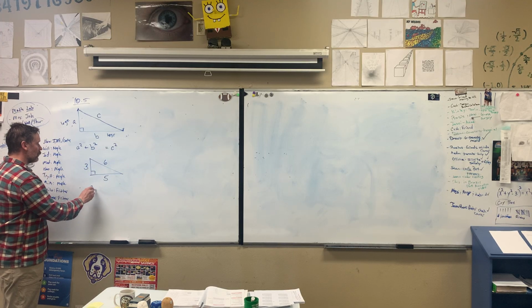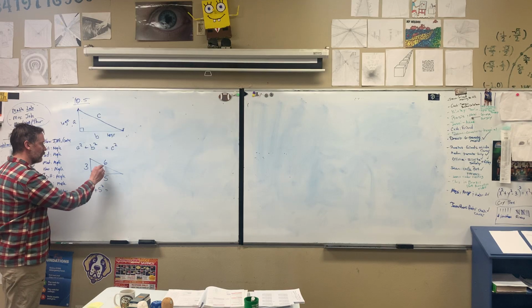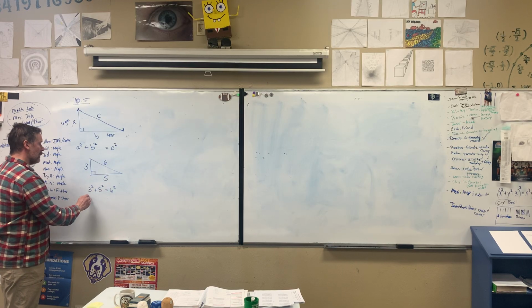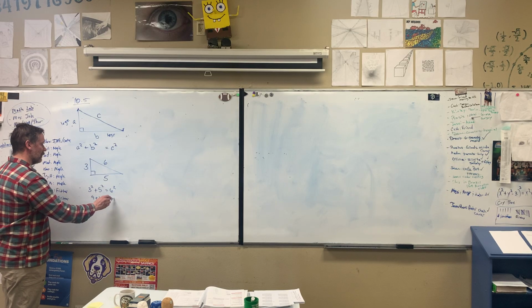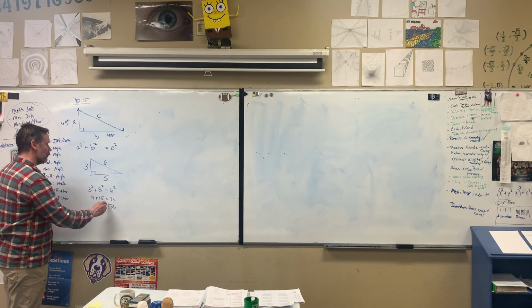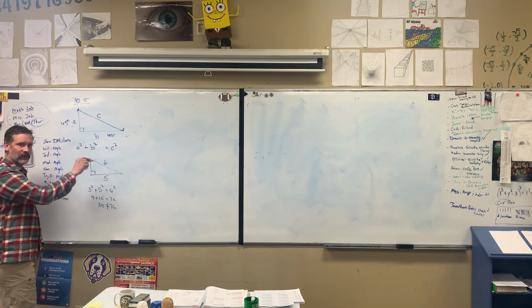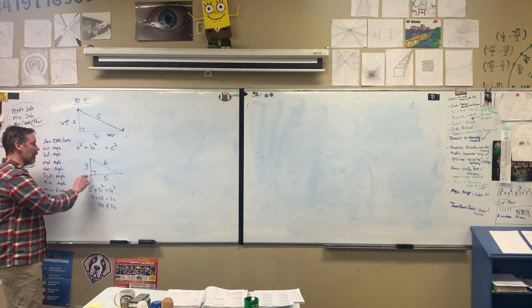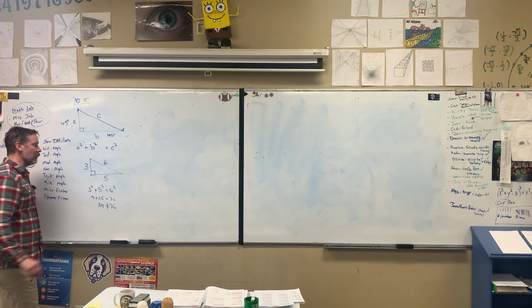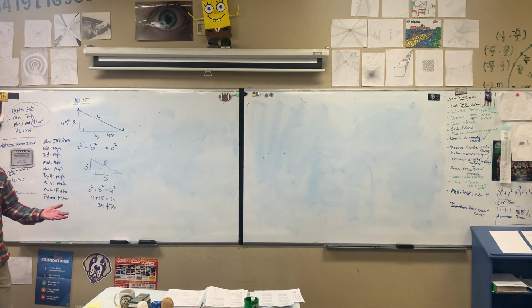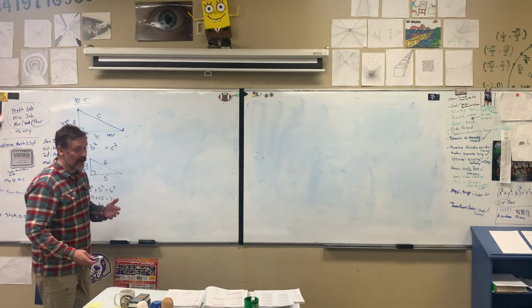So we'd say 3 squared plus 5 squared is equal to 6 squared. And we'd say, right, 9 plus 25 is equal to 36. And you'd see that 34 is equal to 36. True or false? False. Therefore, was that actually a true picture? No, that is not a right triangle. Now, it does form a triangle, just not a right triangle. So that was incorrectly stated.